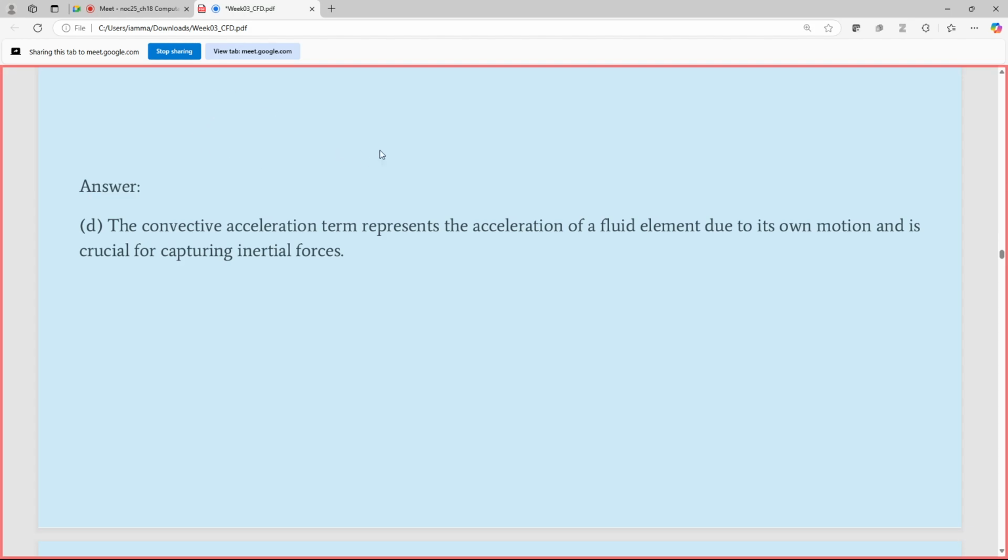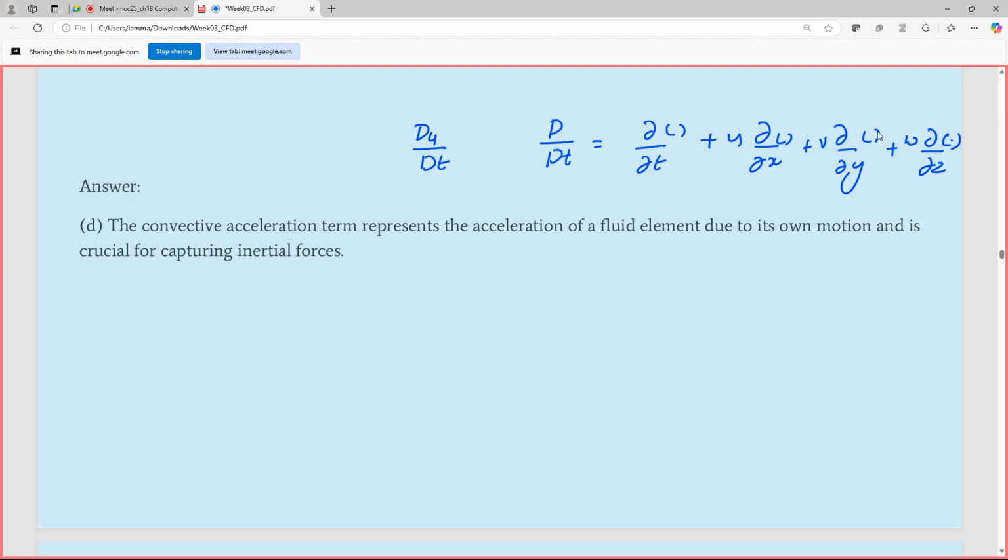So if you remember, the left-hand side of the equation has the material derivative, d by dt, which expands to: ∂/∂t of that quantity plus u times ∂/∂x of that quantity plus v times ∂/∂y of that quantity plus w times ∂/∂z of that quantity.